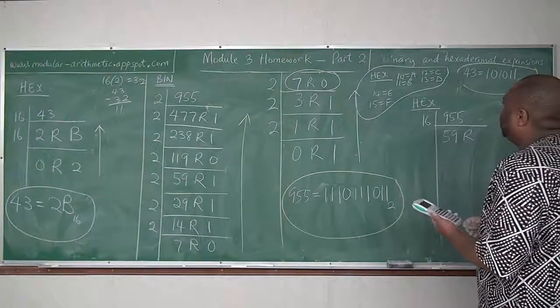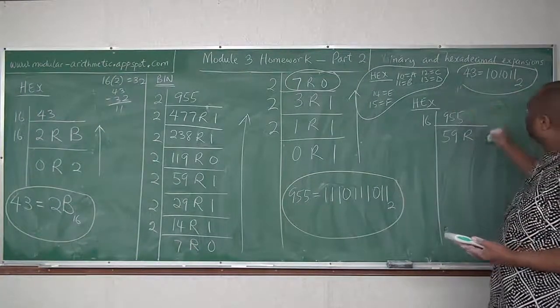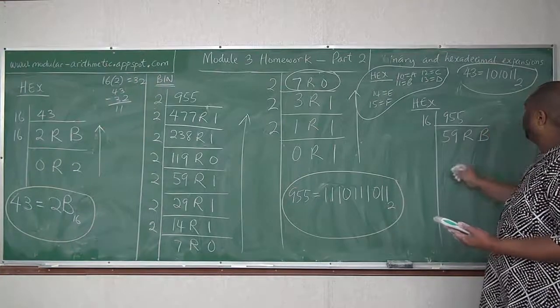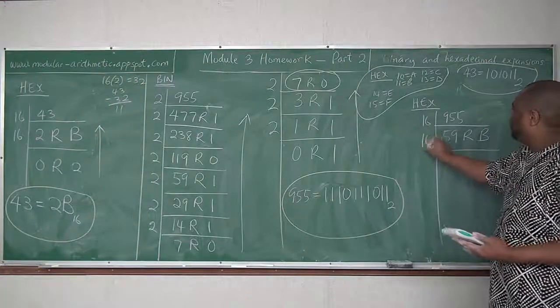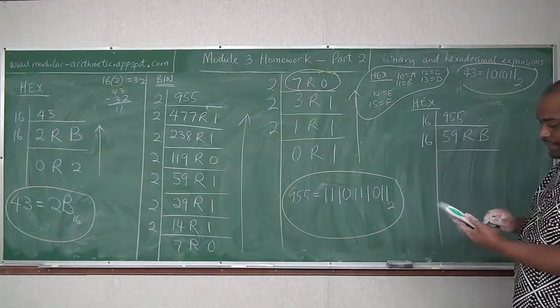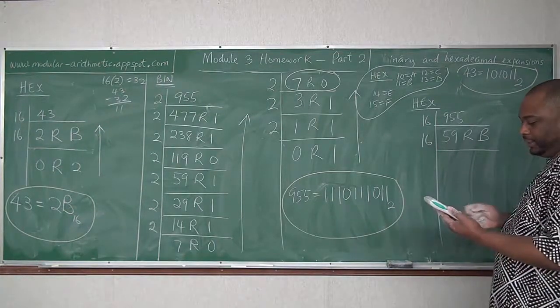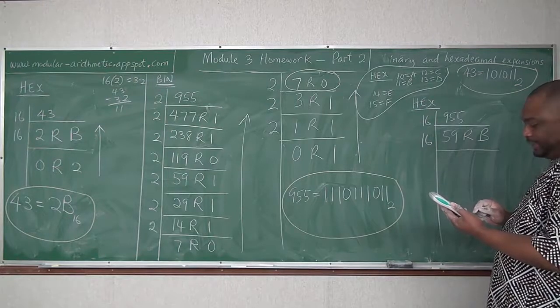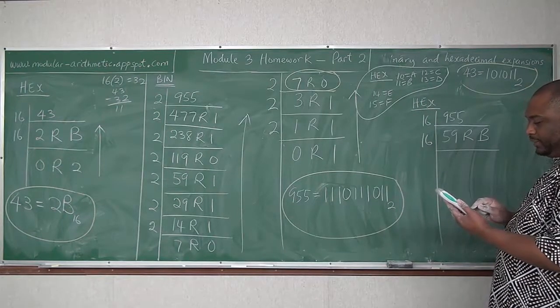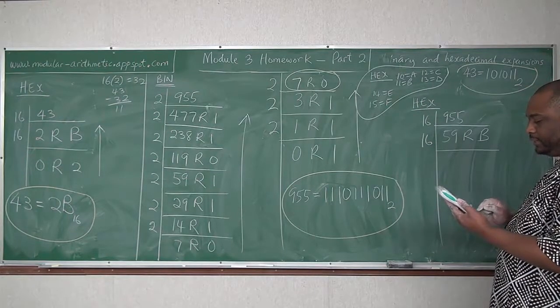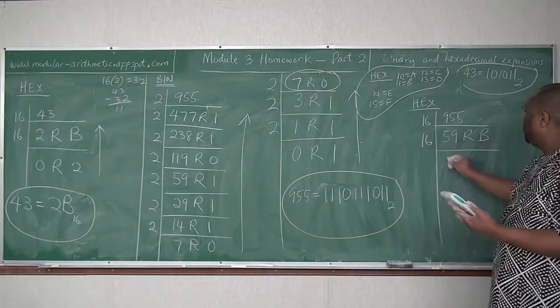Remember 11. And 11 is B. Then you still divide this. 59 divided by 16 is 3. So 3 times 16 is 48.